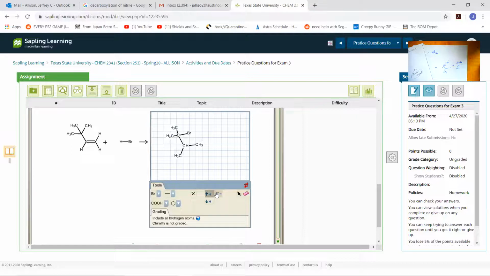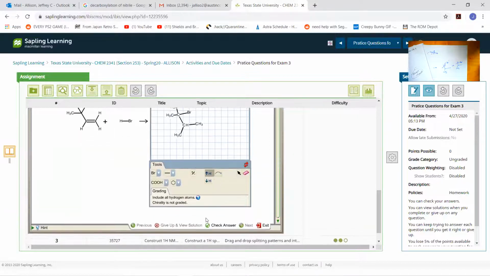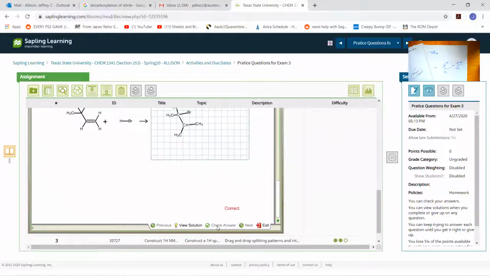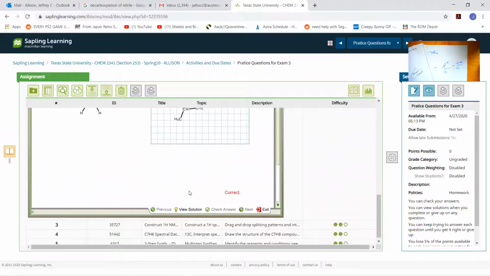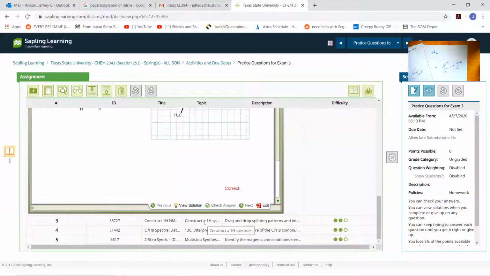Okay, so I think we got them all drawn out. There we go. So make sure when it says to draw in the hydrogens that you do so like in this structure.